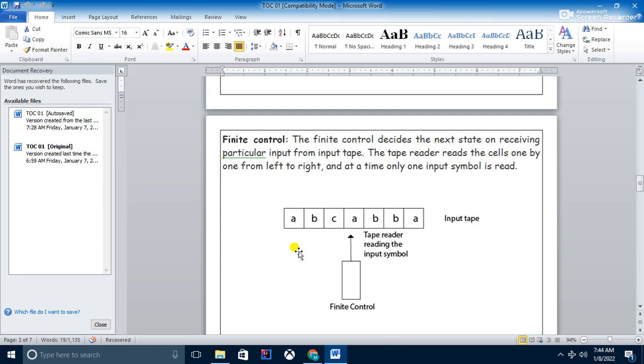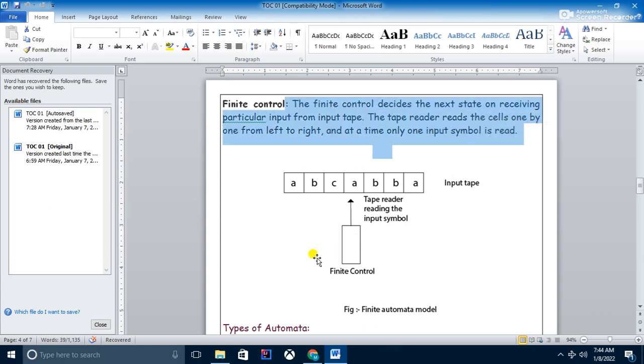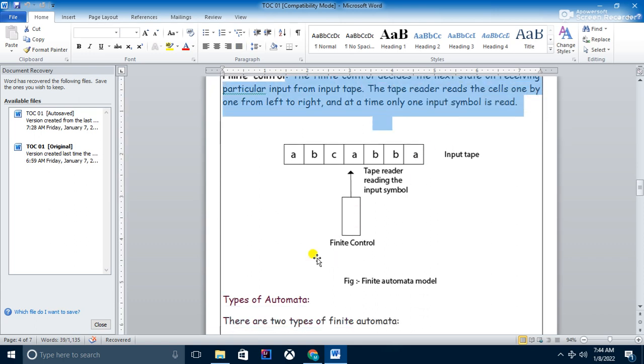Each input symbol is placed in a particular input cell, and the finite automata can read this input string with the help of finite control, reading character by character, input symbol by input symbol. In this way it will read all the input symbols. It has to be decided by the finite control how to move from one direction to another direction.